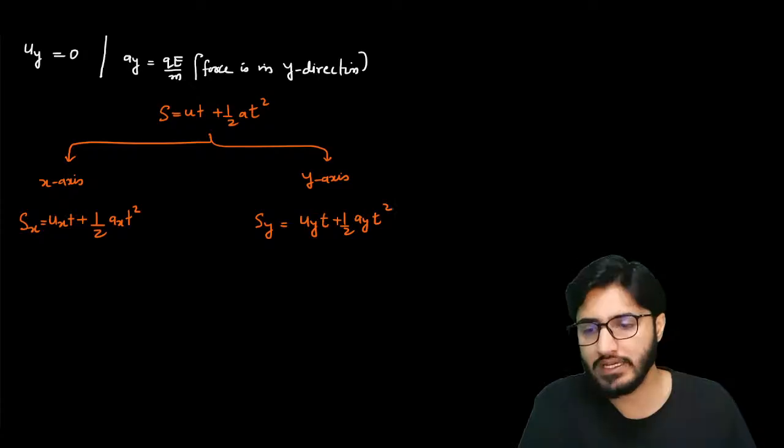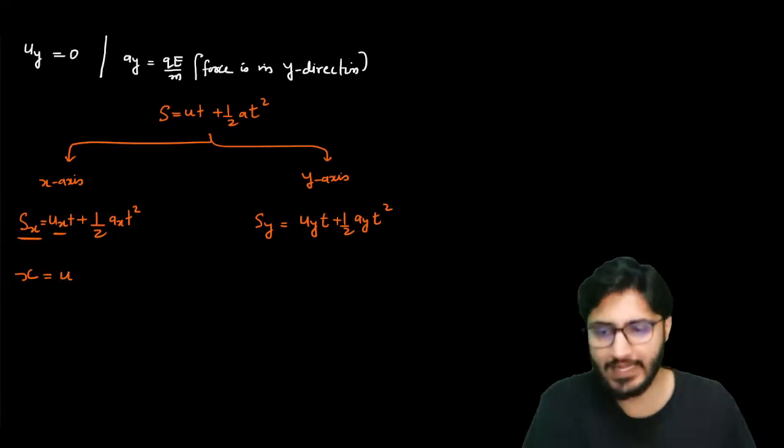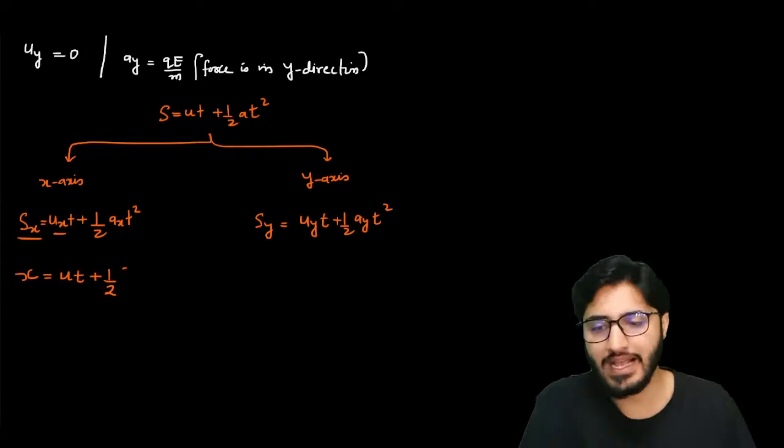The displacement in the x direction is x only, the velocity in the x direction is u only, and time is t. Half of the acceleration in x, which is 0, into t square. So my equation comes out to be x equals u into t.